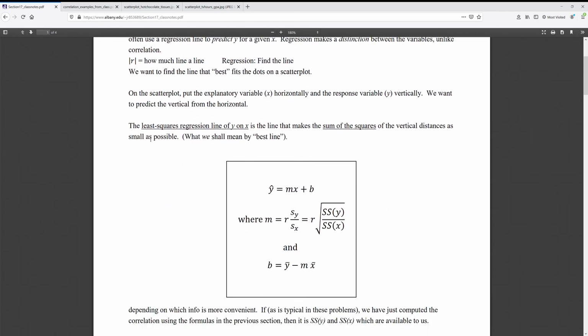That is to say, you can always find the least squares regression line. You can always find the line which will predict better than any other line would do, in the sense that it makes the predictions at those horizontal locations closer to the dots, vertically speaking, than they would be for any other line.